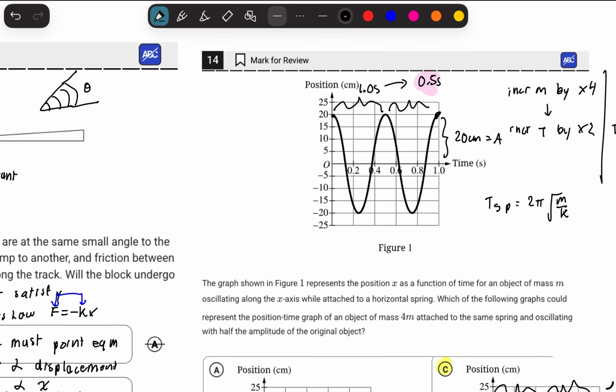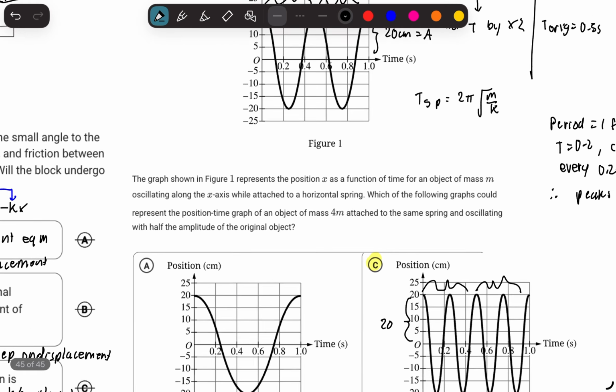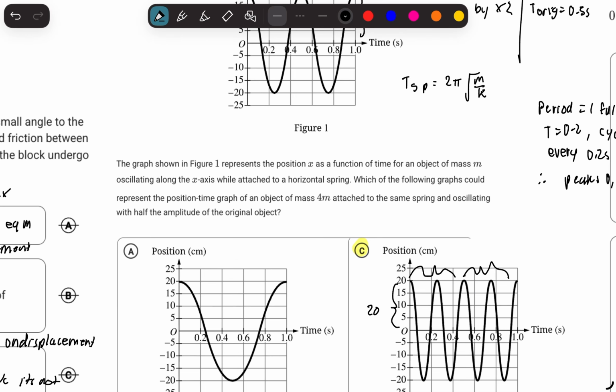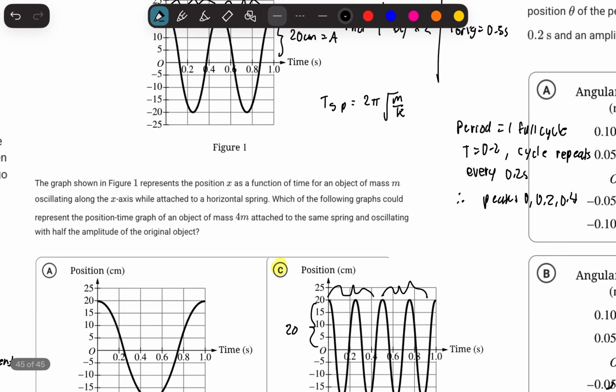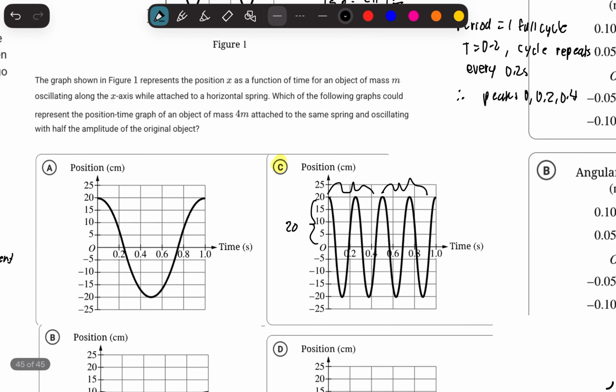Yeah, I think that's more appropriate. So your amplitude for this graph has to be half of what it was here. And your new amplitude will be 10.